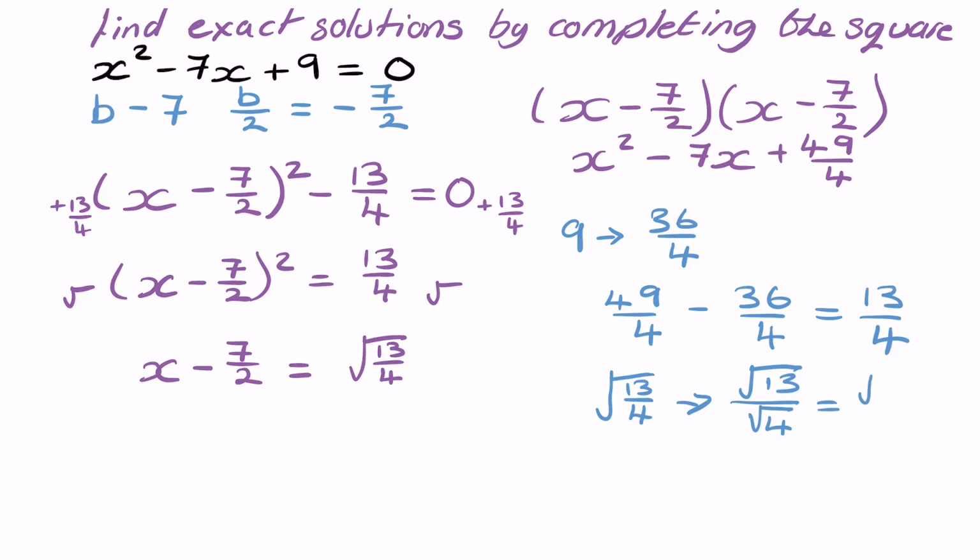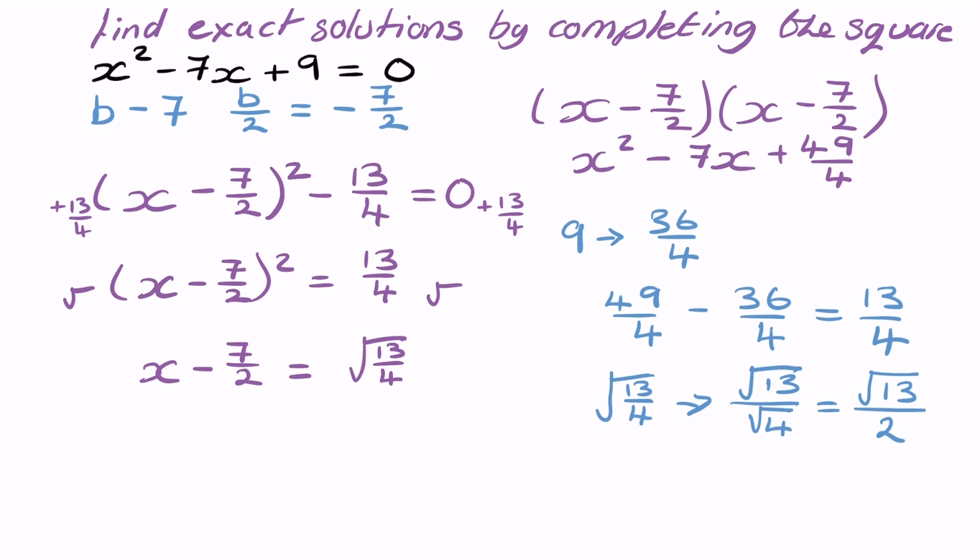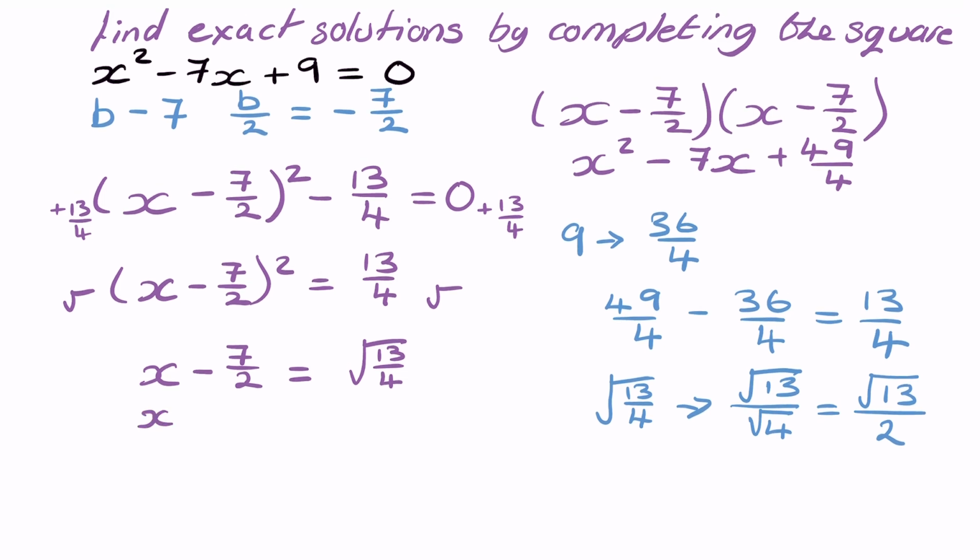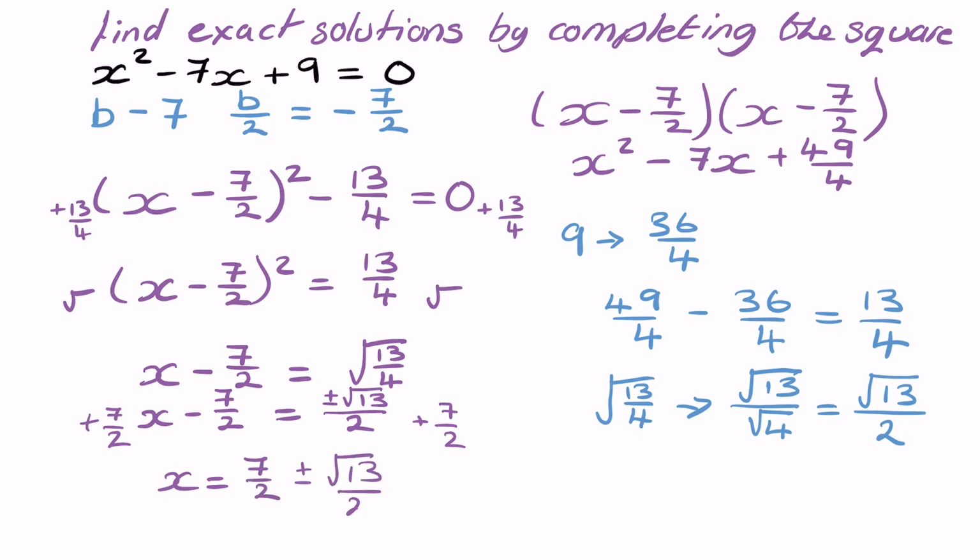So that equals root 13 over 2. So x minus 7 over 2 equals plus or minus root 13 over 2. Then if we add the 7 over 2 to both sides, we get x equals 7 over 2 plus or minus root 13 over 2. And we'll leave it like that, as they wanted the exact solutions anyway.